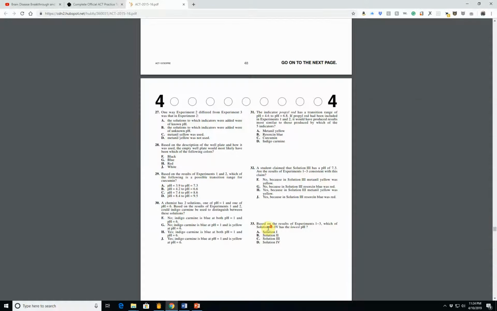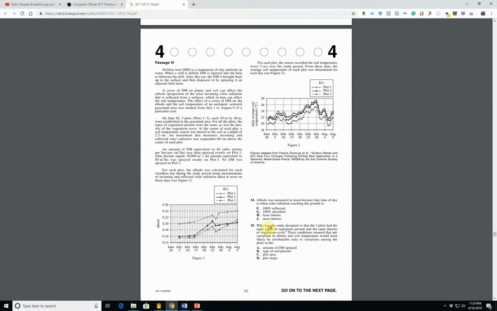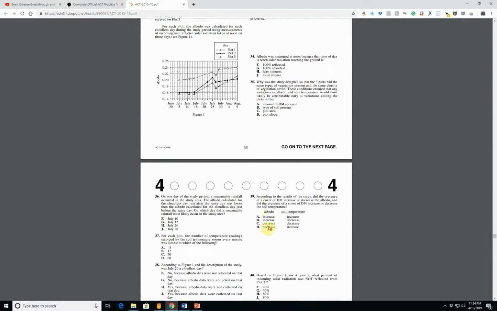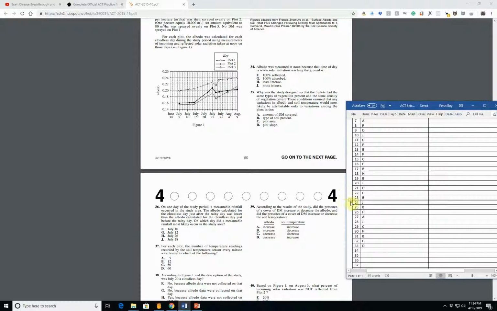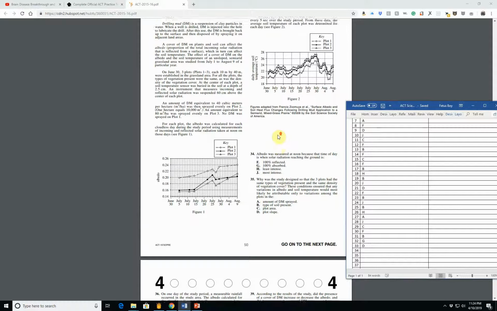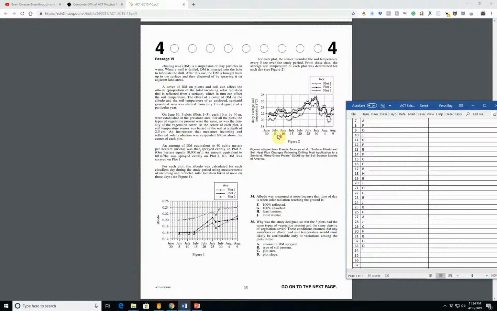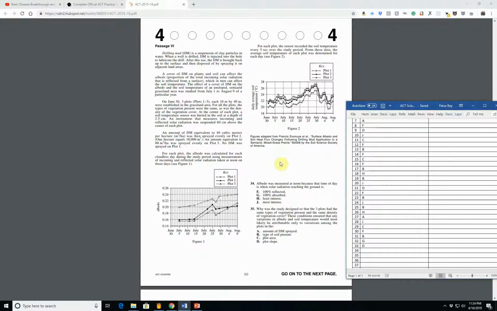So let's see here. Alright, albedo was measured at noon because that time of day is when solar radiation reaching the ground is... Okay, what's an albedo? Proportionally to those reflected from a surface.